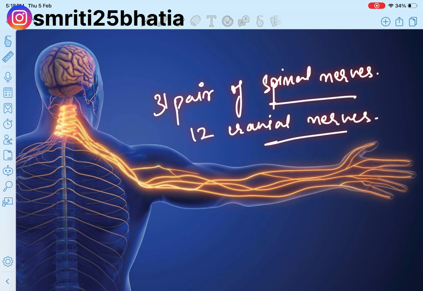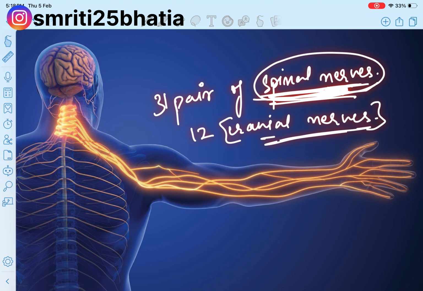in the body. These spinal nerves originate from the spine and supply various parts of the body, including the upper limb and the lower limb, except for the face and the head. Cranial nerves supply the face and the head.